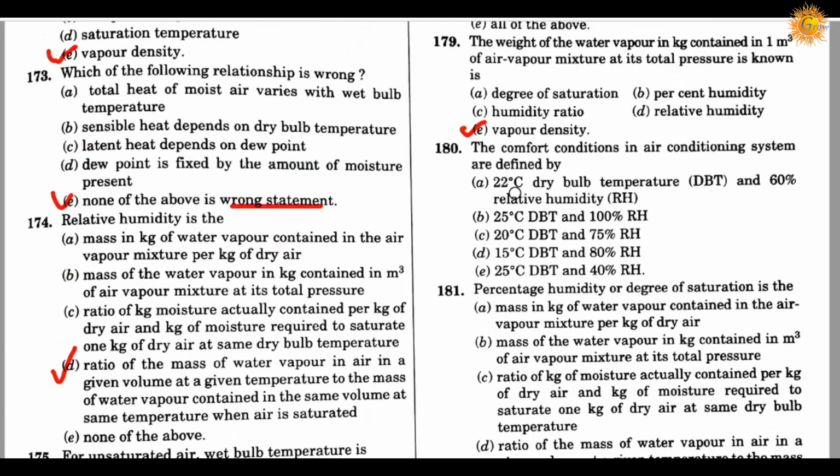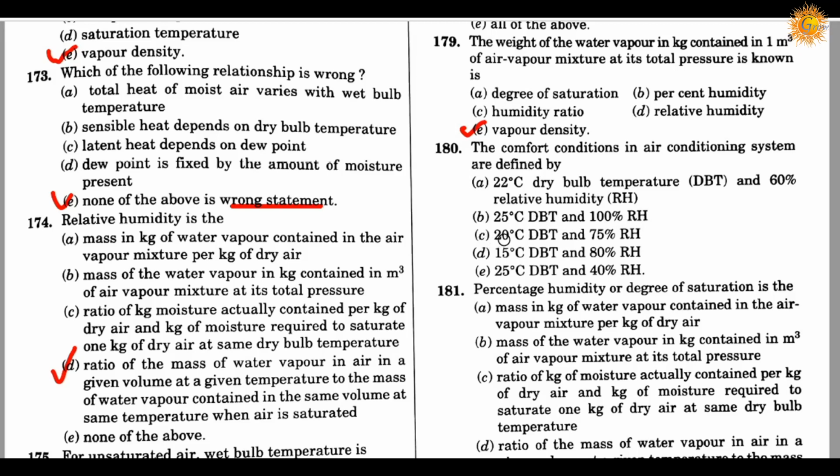Okay. Question number 180. The comfort conditions in air conditioning system are defined by: Option A, 22 degrees centigrade dry bulb temperature, DBT, and 60% relative humidity, RH. Option B, 25 degrees centigrade DBT, dry bulb temperature, and 100% RH, relative humidity.